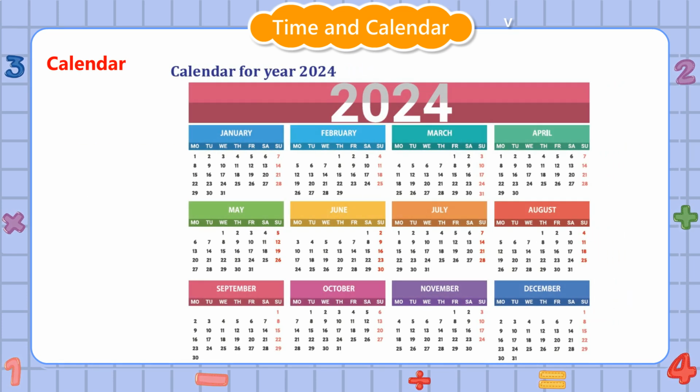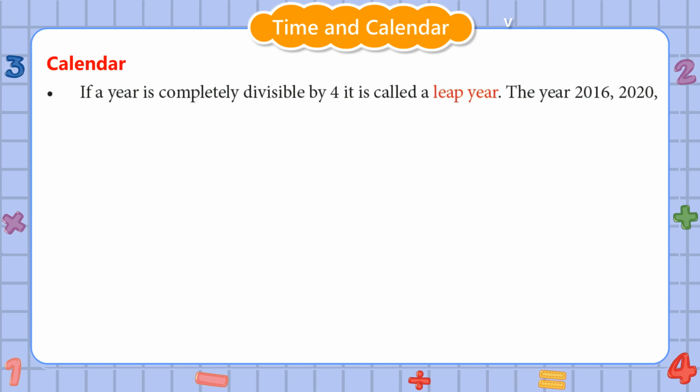Calendar for year 2024. If a year is completely divisible by 4, it is called a leap year. The years 2016, 2020, 2024, etc. are leap years. A leap year has 366 days.